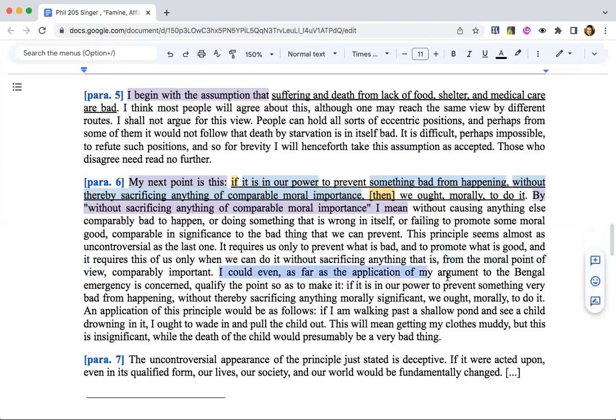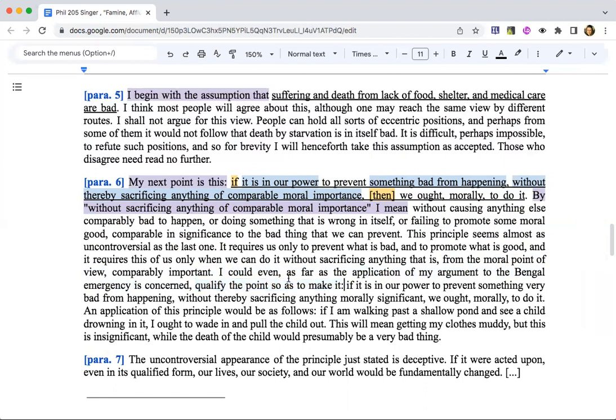I could even, as far as the application of my argument, like we're talking about application of my argument, so far we haven't really gotten explicitly a whole argument, we've gotten a principle. I could even, as far as the application of my argument to the Bengal emergency is concerned, qualify the point so as to make it.